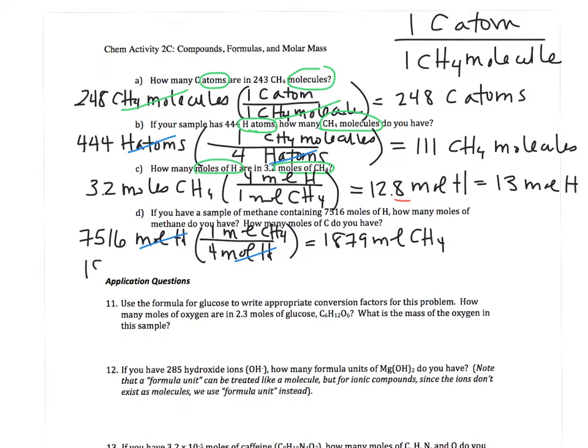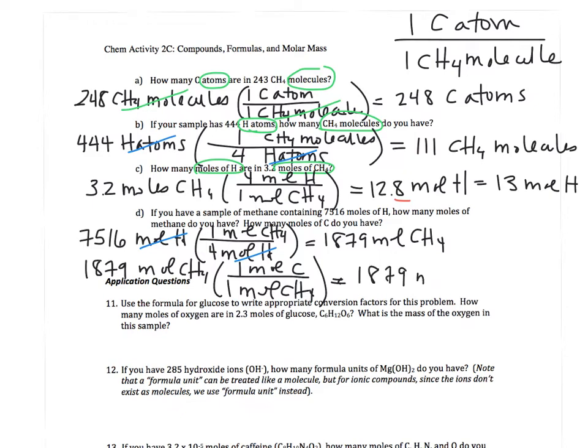If we start with 1879 moles of CH4, we know that for every mole of CH4, there is 1 mole of carbon. So that's one of the conversion factors we created on the previous page. And so that means we're going to have 1879 moles of carbon.